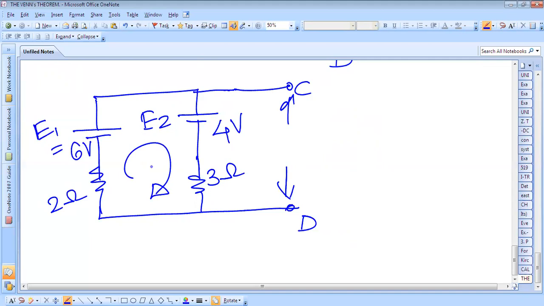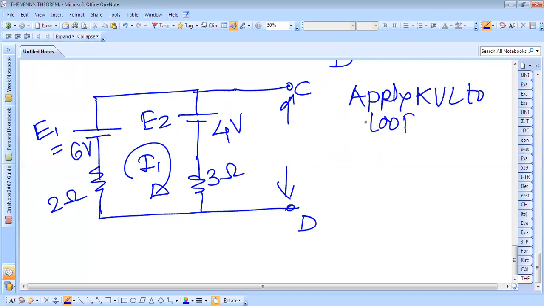The current flowing through this loop is suppose I1, and this can be found by applying KVL. Apply KVL to the loop. You are going in this direction. So it is 6 volt from negative to positive, and again we are coming here, so there is positive to negative, and here it is negative to positive. There is a rise in voltage, and here from positive to negative there is a fall in voltage.